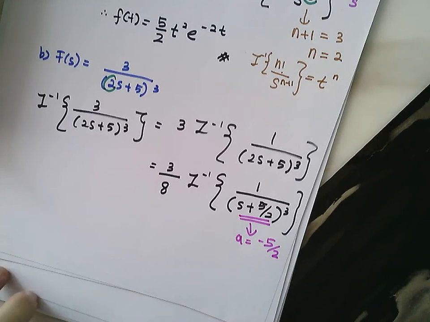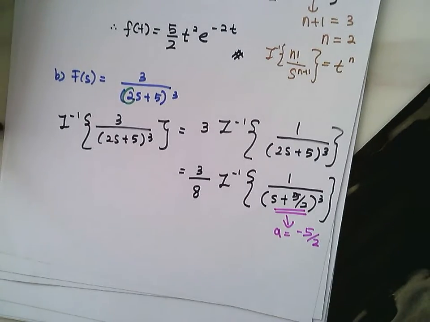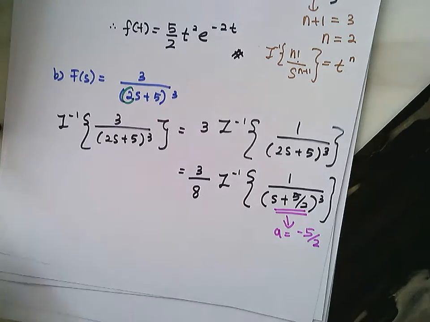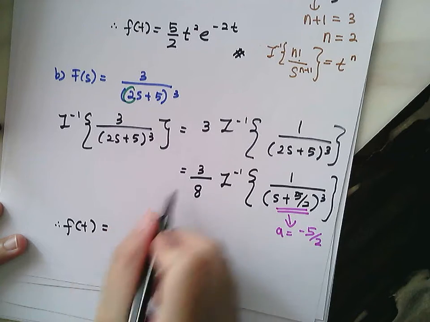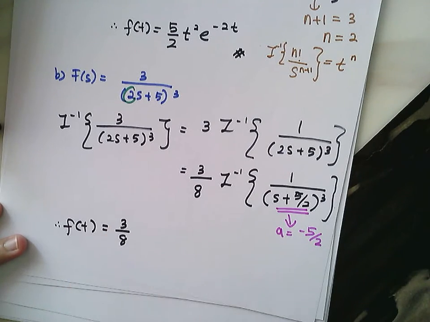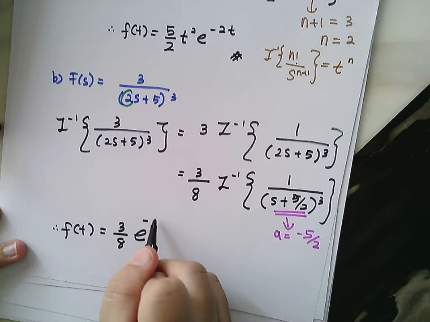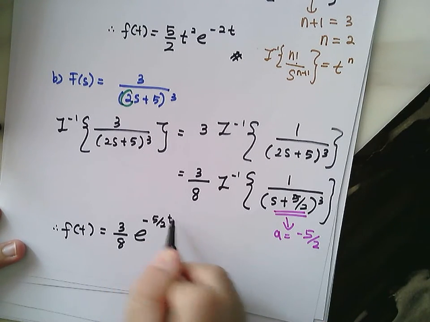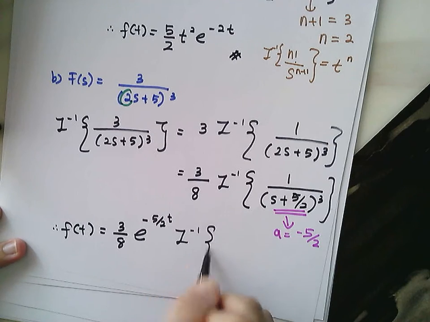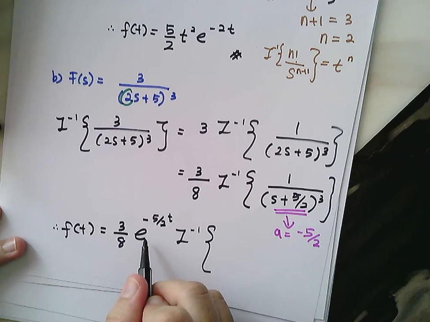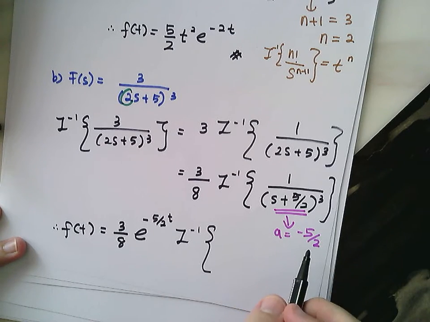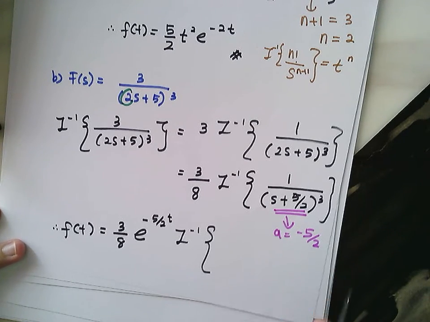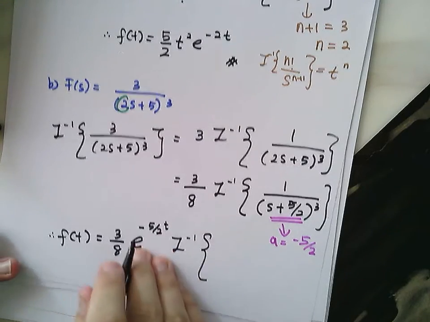So therefore the inverse of this one, which is your ft, if this is your fs, so your ft is equal to 3 over 8, exponent negative 5 over 2t, inverse of, since we already have the exponential term here, s minus a will be replaced by s.